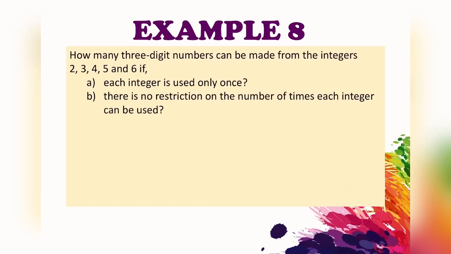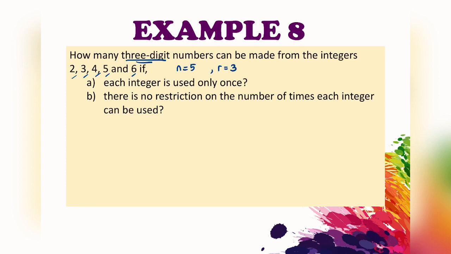Let's look at example 8. How many 3-digit numbers can be made from the integers 2, 3, 4, 5 and 6? Here I'm going to write n equals 5, for the integers 2, 3, 4, 5 and 6, and our r will be 3. So 5 integers are to be arranged as a 3-digit number.